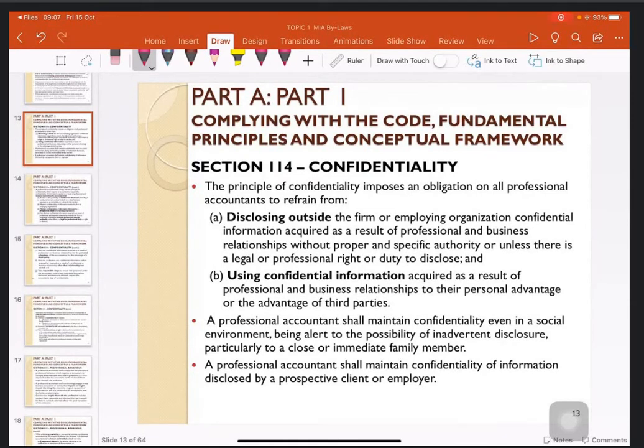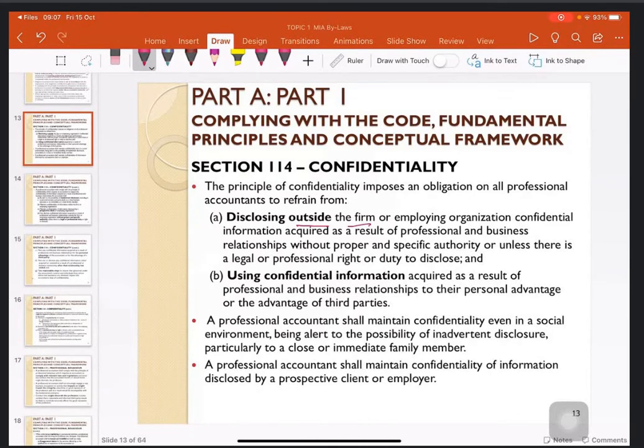Okay, next fundamental principle is confidentiality. Confidentiality means that all the information should be treated as confidential. So as auditors, you are not supposed to disclose the information to outside the firm or employing organisation. Confidential information is acquired as a result of professional and business relationships.